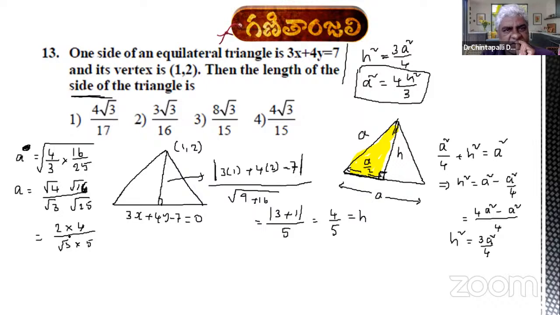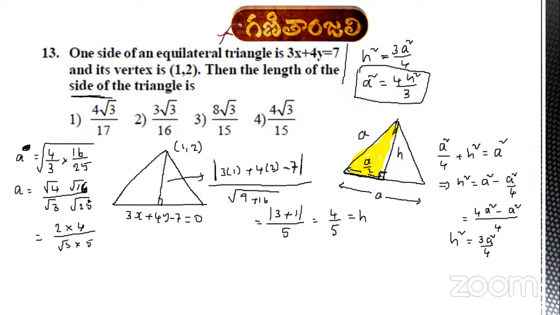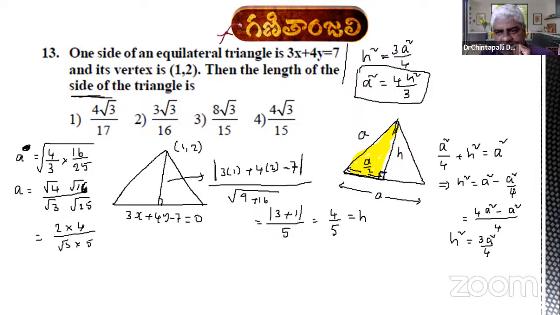But here it is different from the length of the side of the triangle. h square is equal to 4a square minus a square, 3a square by 4. h square is equal to 3a square by 4. a square is equal to 4 by 3 h square. Yeah, it is 4 by 5. It is how much?